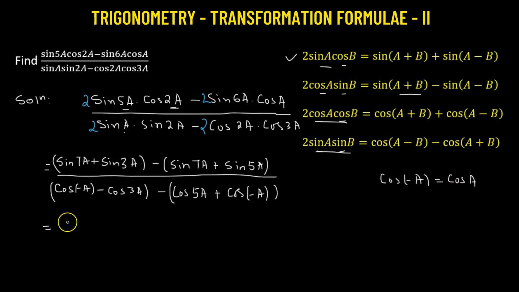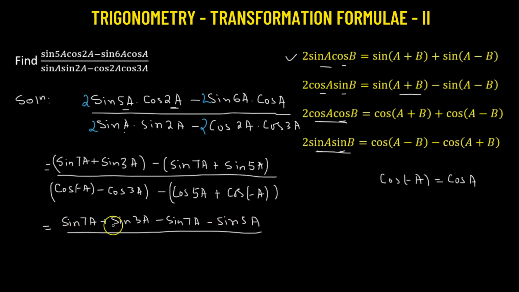So we're going to get sine of angle 7a plus sine of angle 3a minus sine of angle 7a minus sine of angle 5a, whole divided by cosine of angle a minus cosine of angle 3a minus cosine of angle 5a minus cosine of angle a.